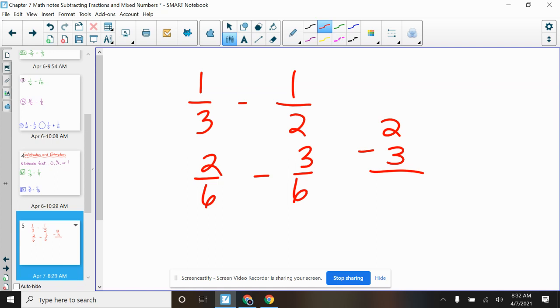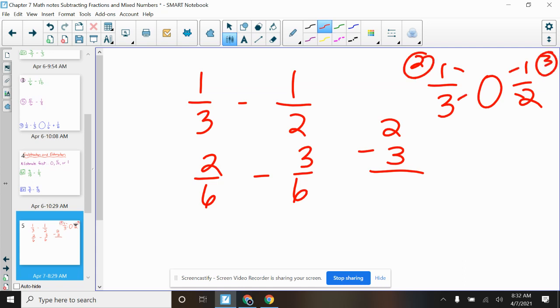So if you aren't sure which one's the bigger one, take a minute and compare them. How do we compare fractions? Cross multiply. This times this is 2. This times this is 3. Which one's the larger fraction? 1/2. So we never should have set this problem up this way.